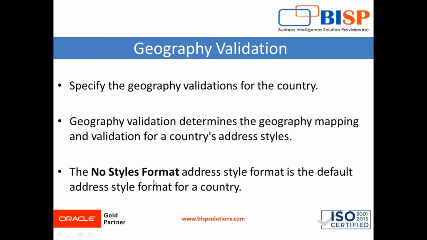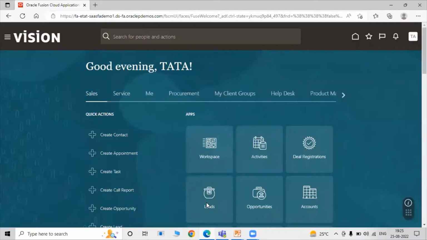The no style format address style format is the default address style format for a country. By defining the mapping and validation for this format, you will ensure that the validation can be performed for any address in the country.